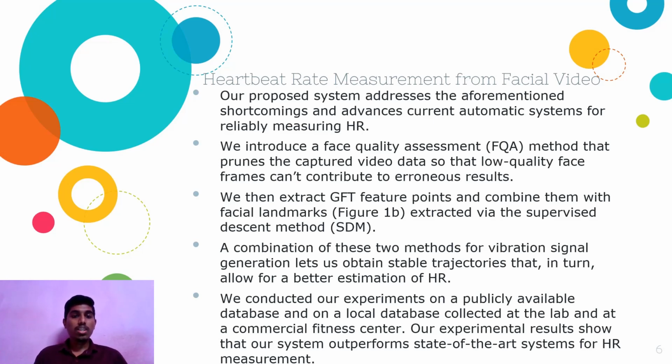We then extract GFT feature points and combine them with facial landmarks extracted via the supervised descent method. A combination of these two methods for vibration signal generation lets us obtain stable trajectories that in turn allow for a better estimation of heart rate.